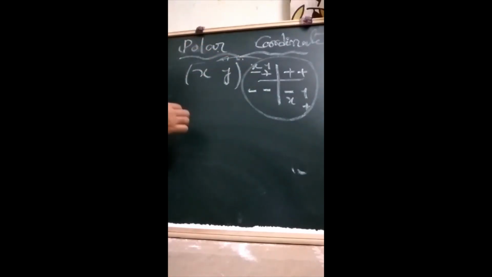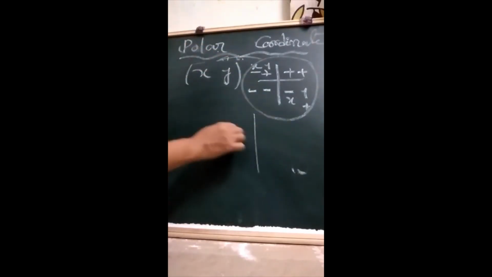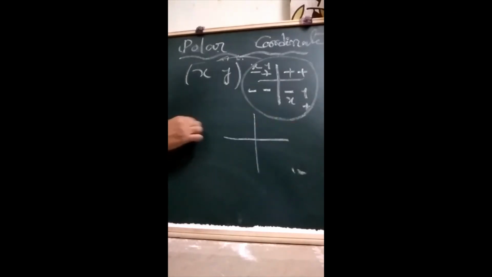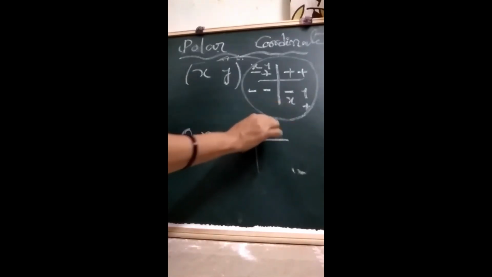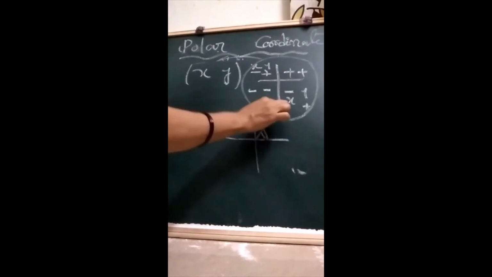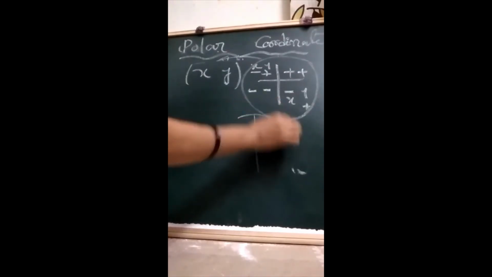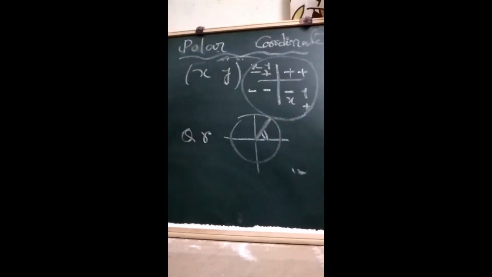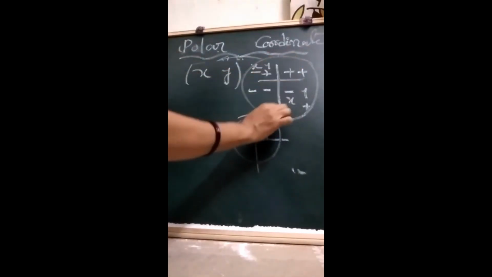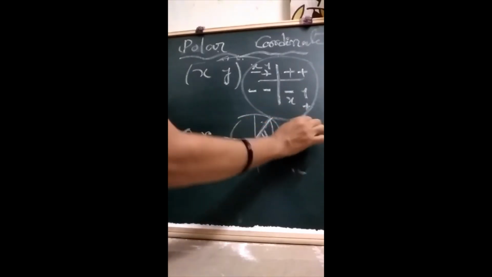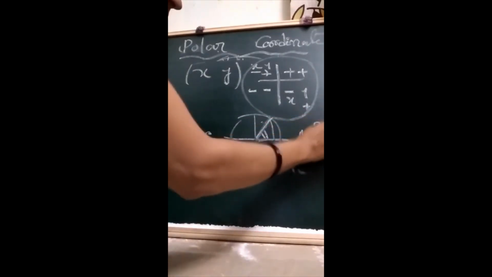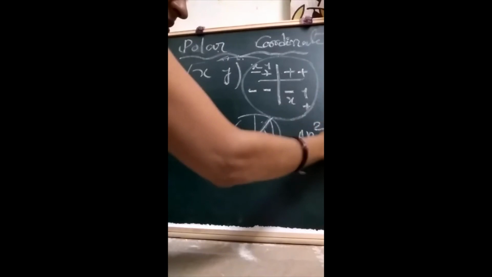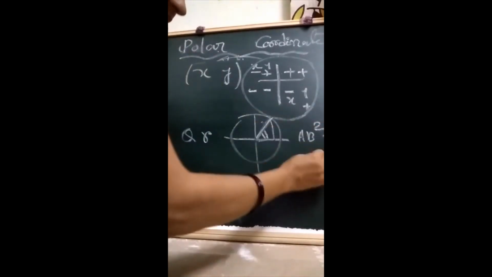In the polar coordinate system, all these values are defined by theta and r. Suppose this angle is theta, and this radial distance, in this 360 degree circle, is known as r. Through this system, you can use ab square plus bc square is equal to ac square.